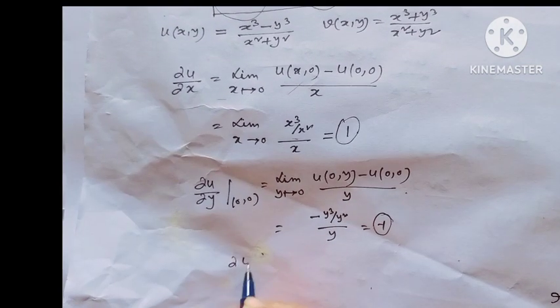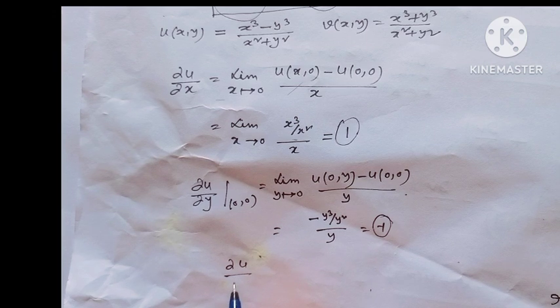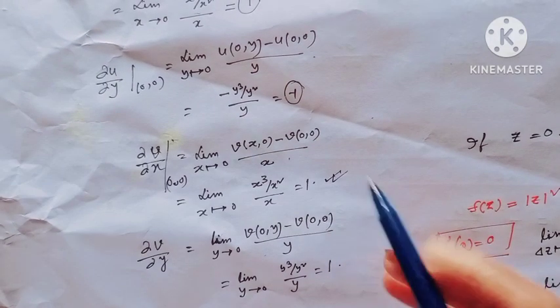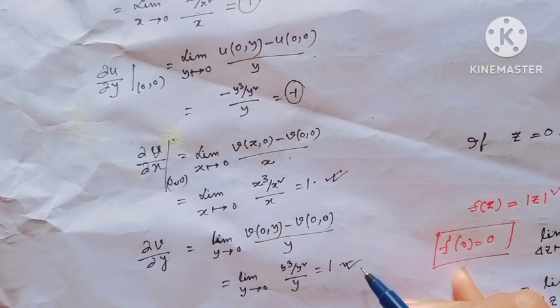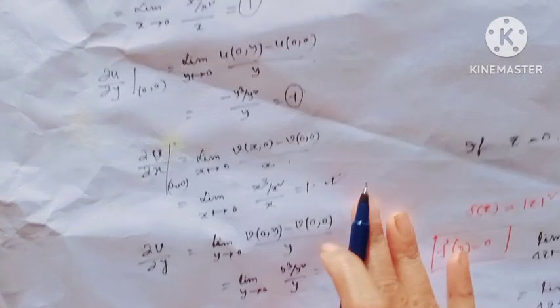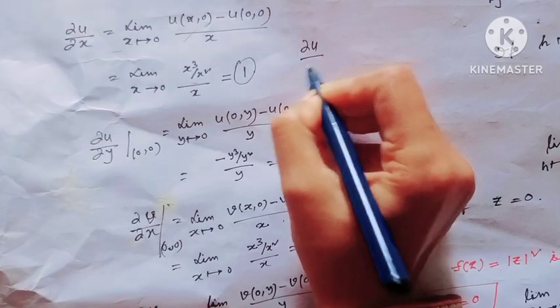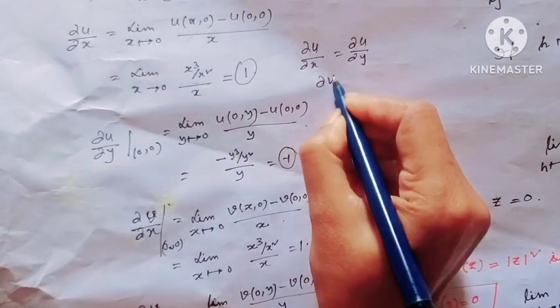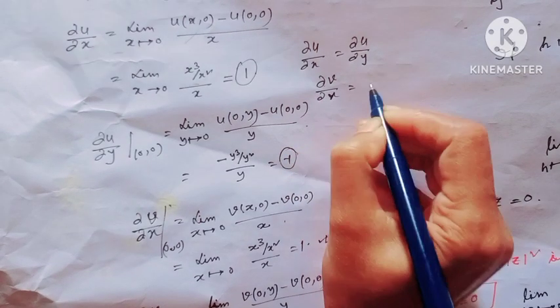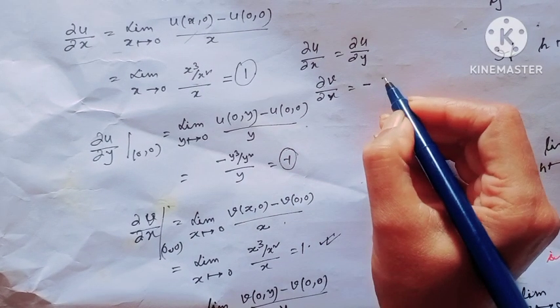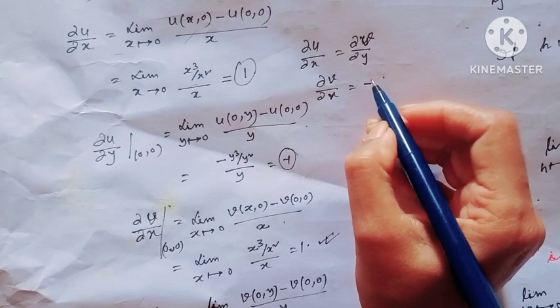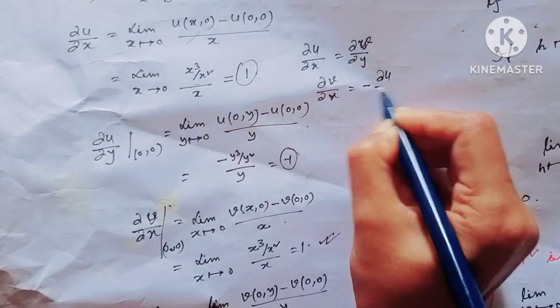And del v del x would be 1 and del v del y also would be plus 1. So del u del x equal to del v del y and del v del x equal to minus del u del y.